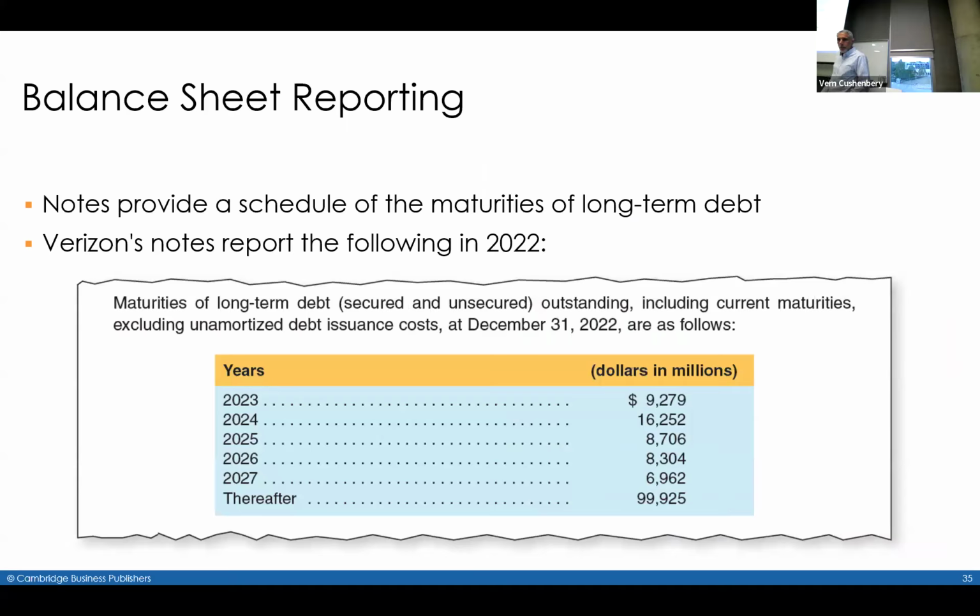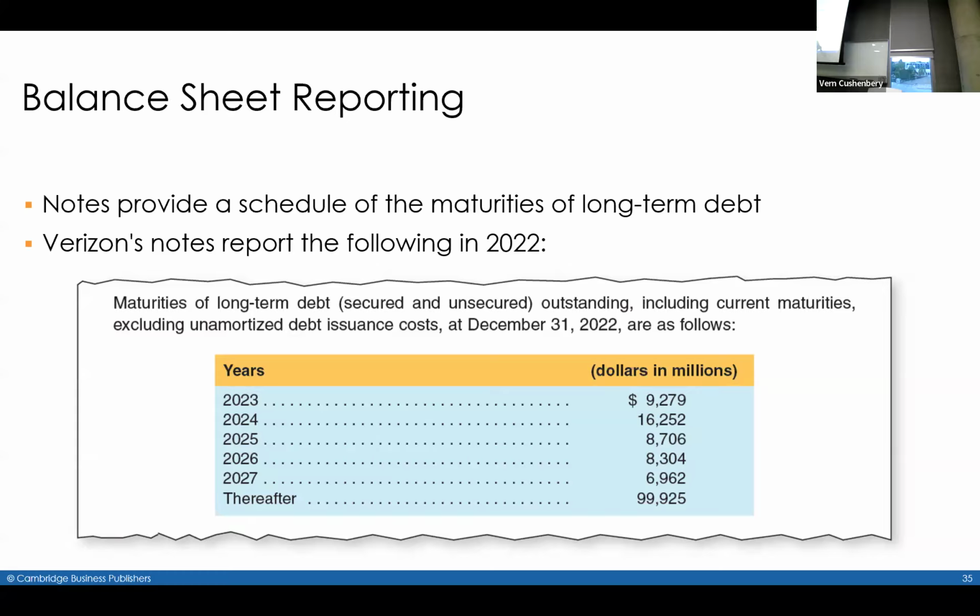Okay, just like I mentioned at the top of the class, it was your job as a financial analyst to understand how Verizon was gonna pay back that 9.8 billion next year, because it was within the 12 months that we require for short-term classification on the balance sheet. If you look down into the 10K filing, you're gonna see the amount that comes due between 2023 and 2025.